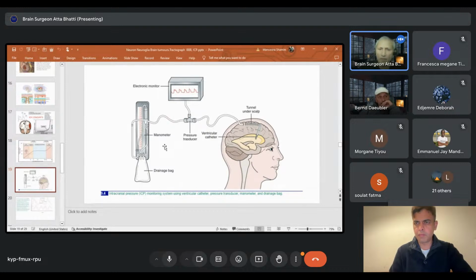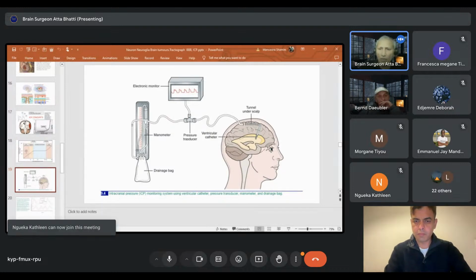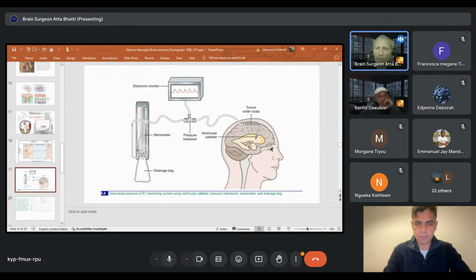is the normal pressure. I told you that the maximum production of CSF is at the level of the foramen of Monro in the lateral ventricles. So we keep the drainage bag at a level according to the desired drainage.